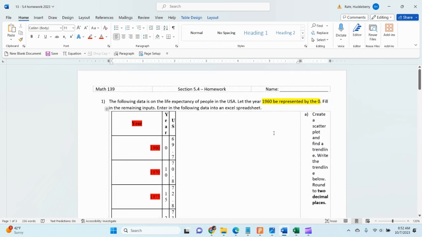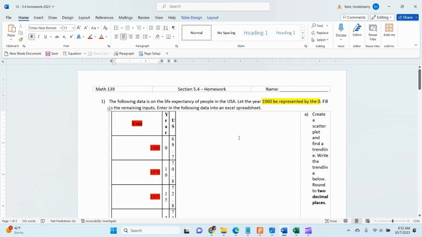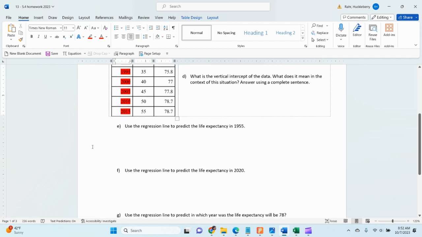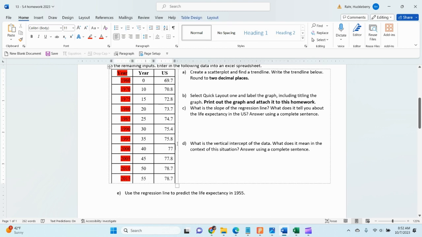I am not sure what happened with that screenshot. Oh, I know what happened with that screenshot. Let's paste it here. Nope.